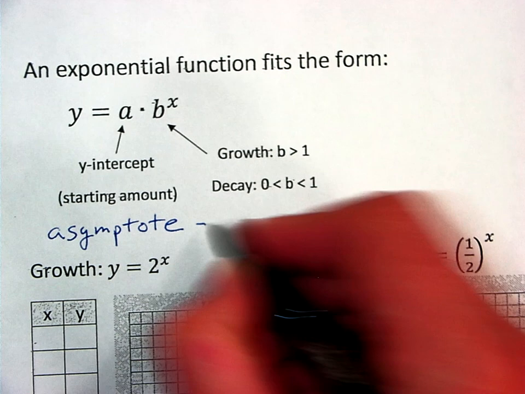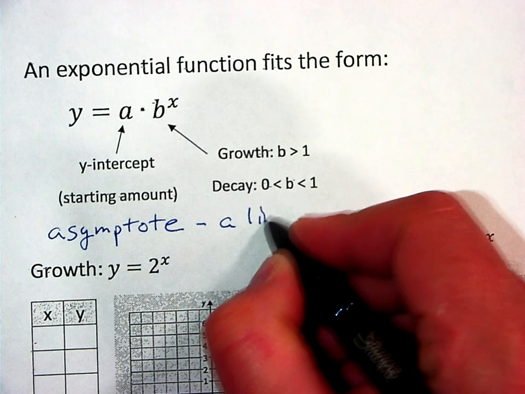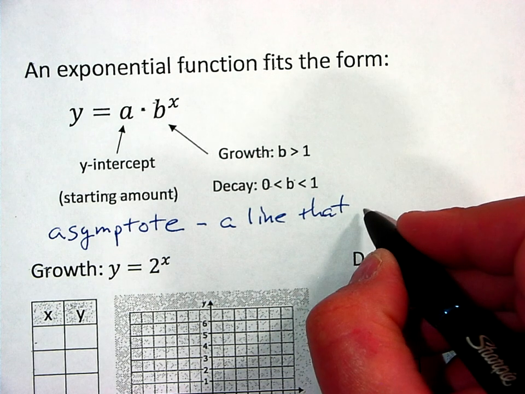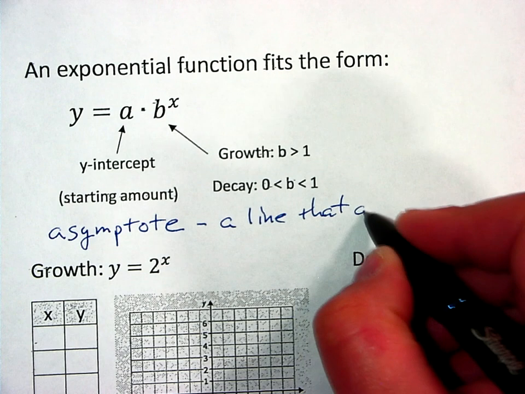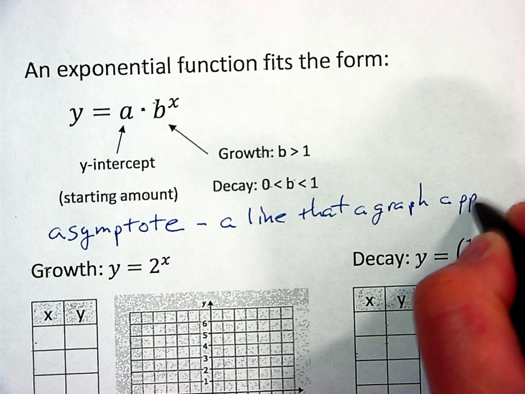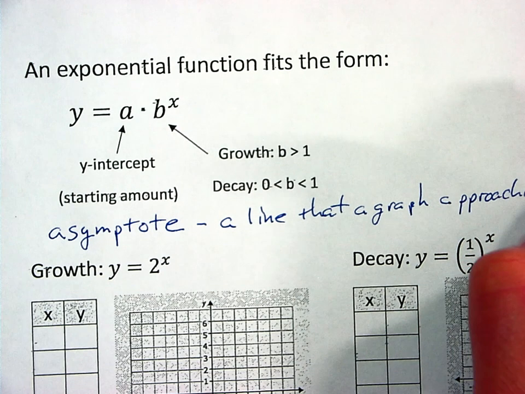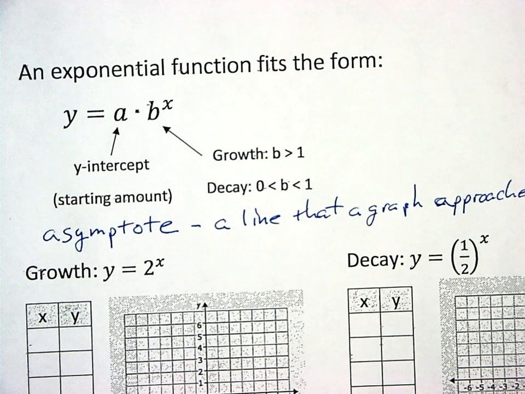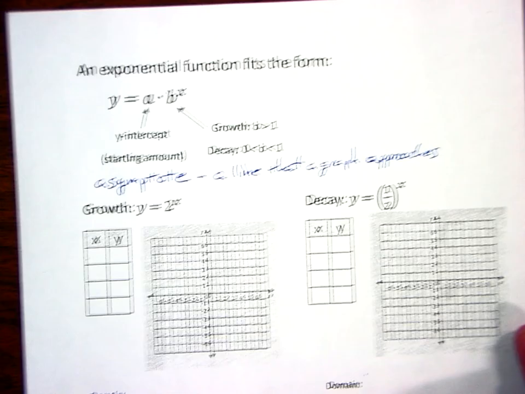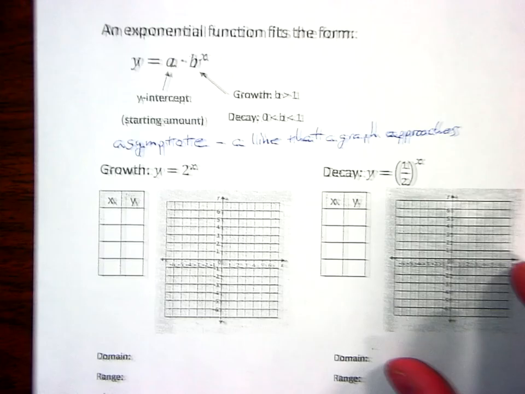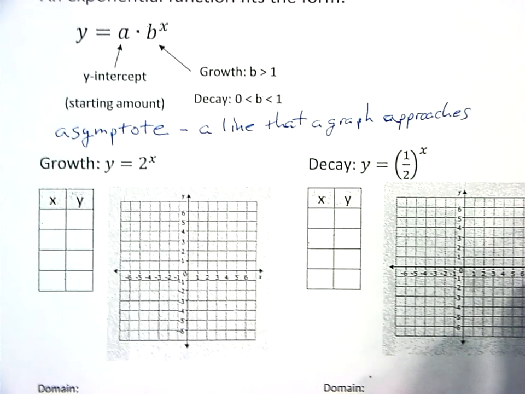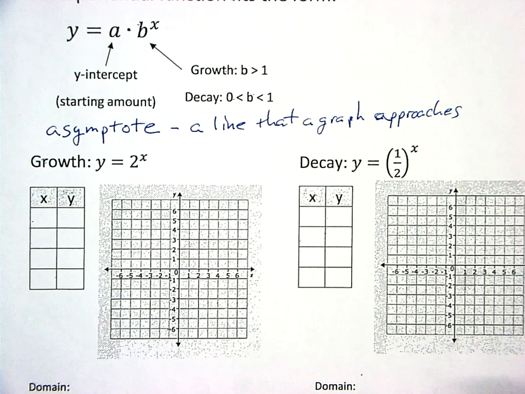Asymptote. A line that a graph approaches.